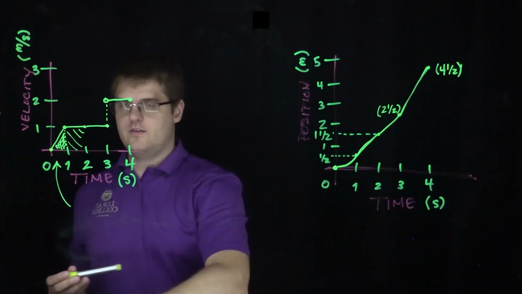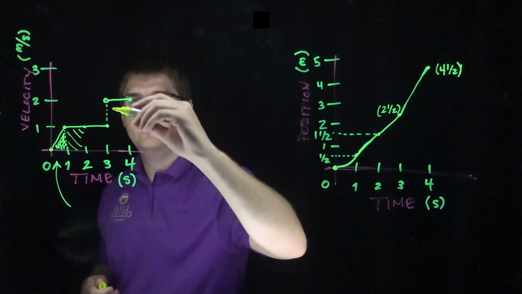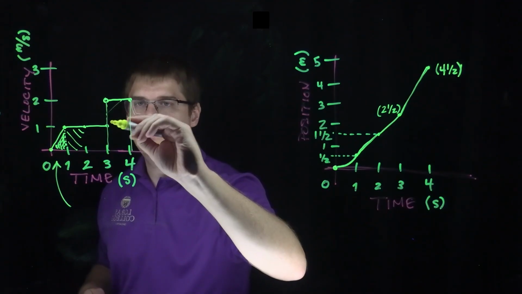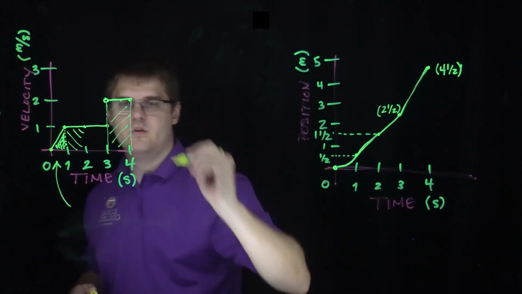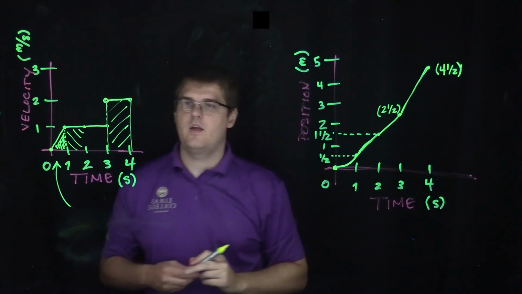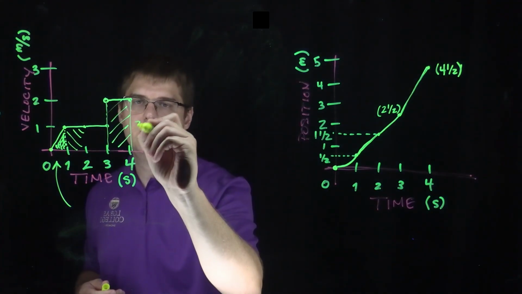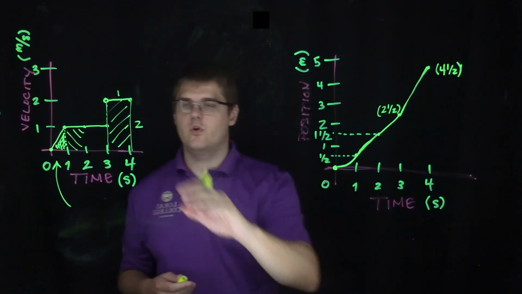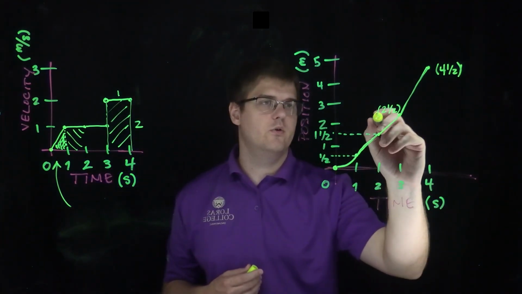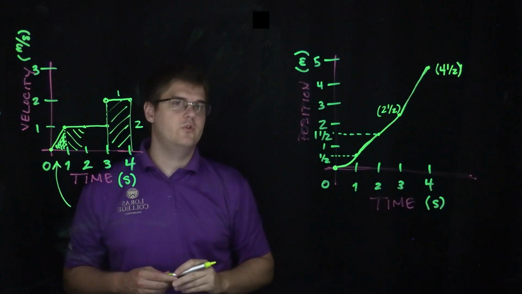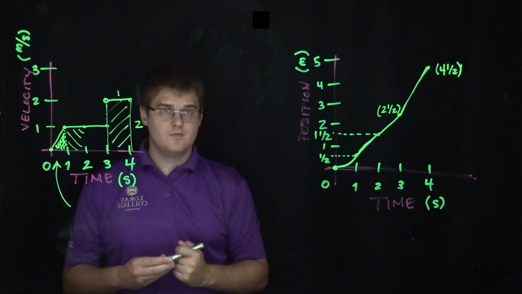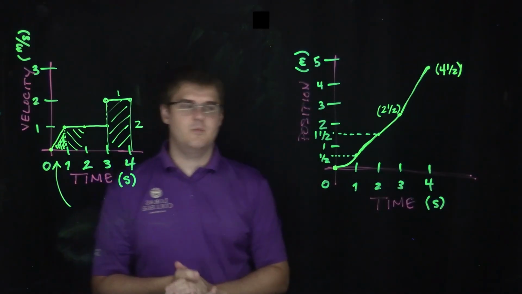I could say that I have this rectangle right here and I want its area. So I have a height of 2 and a width of 1. 2 times 1 is 2, so I'm increasing my position by 2. 2.5 plus 2 is 4.5. Done. Okay, let's get on to the little bit more interesting stuff.